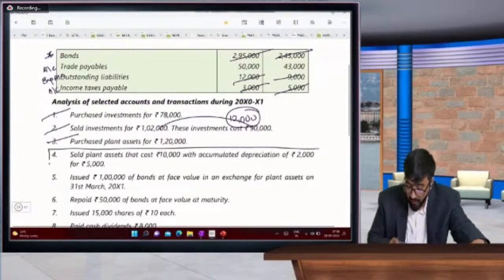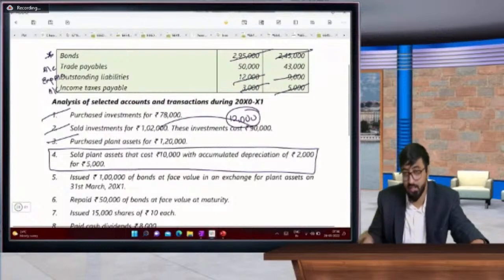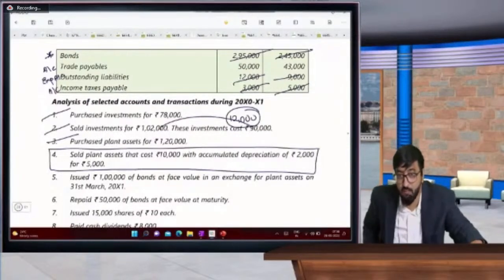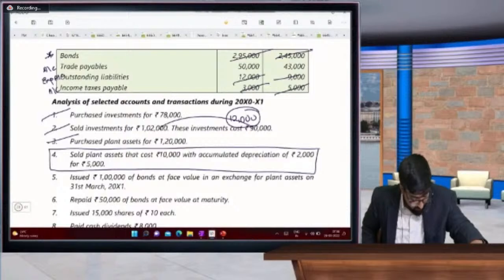Now, can you tell me the entries? Last time I was very fast for these entries. Whenever you are selling any asset, how many entries are you going to pass? Now I'm waiting for your answer. I was very slow for the direct method. The indirect method became a little faster because of lack of time.